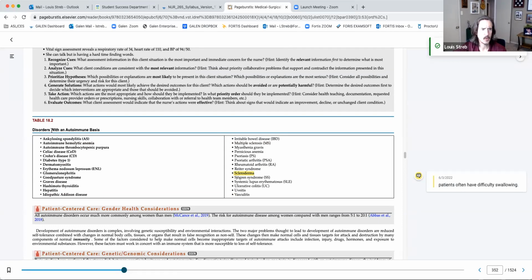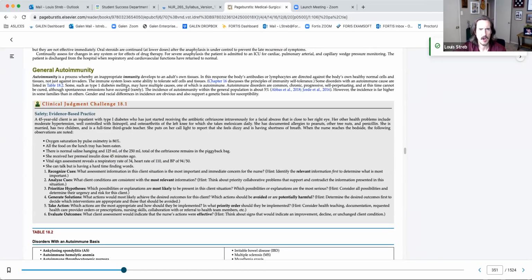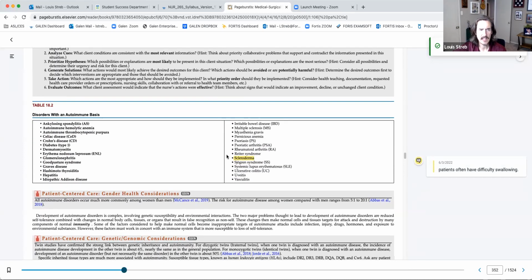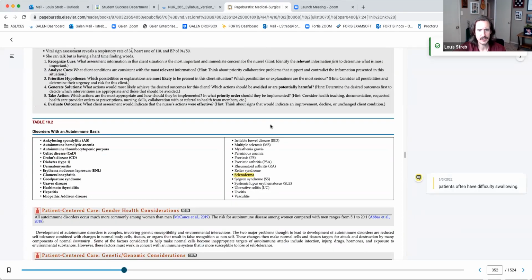Here are just some of the disorders with autoimmune basis. So as we keep going down, they're talking about general autoimmunity. Your book doesn't say we need to really pop on this, but I like thinking about some of the things I know, disorders, what can happen. I know scleroderma is one of those things that I typically see. And when we think about this, we're thinking about patients who have difficulty swallowing. So when I think about autoimmune disorders and things of that nature, what are we really worried about?